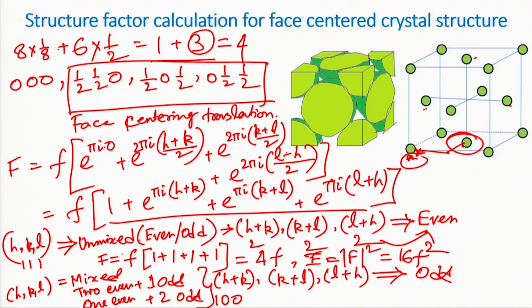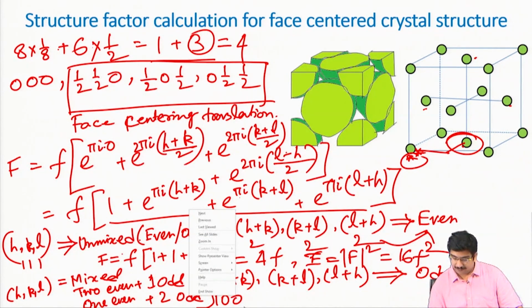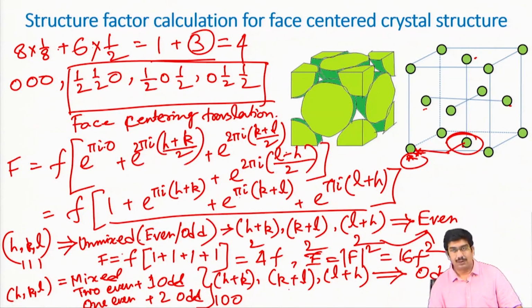So, in this case H plus K, 1 and 0, is 1, K plus L, that is 0 and 0, and L plus H. So, this will be an odd number, this will be an even number, but again this will be another odd number.